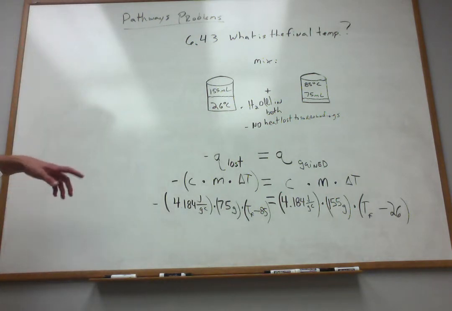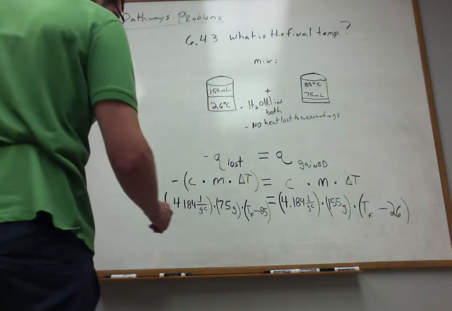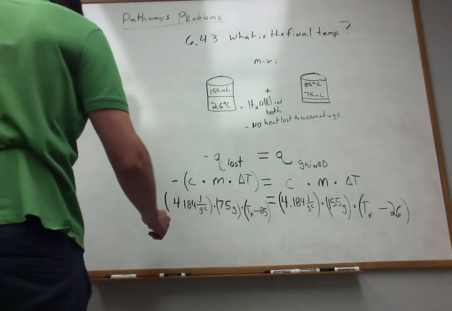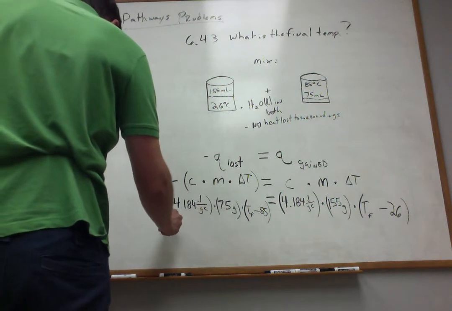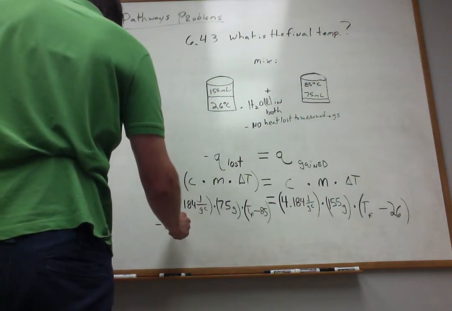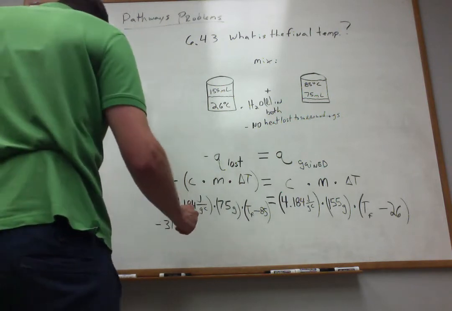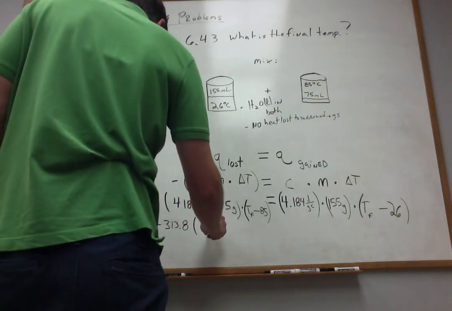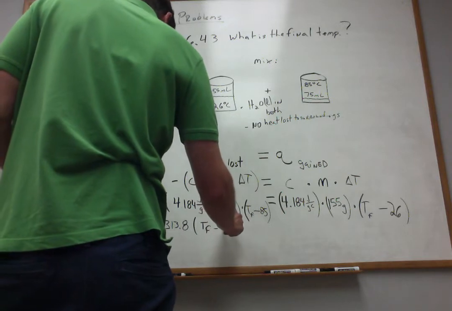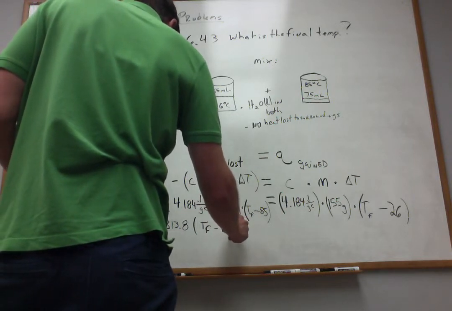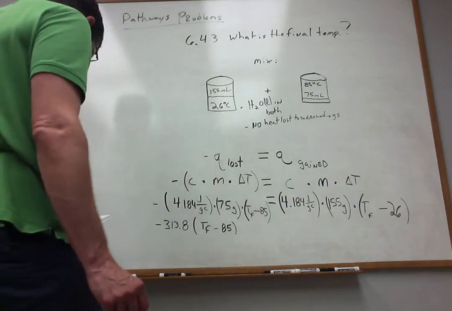We can write one equation with only one unknown, this T sub F, and then we can go about solving it. Okay? So the first thing I'm going to do is multiply these numbers together to make some quantitative progress here. If I do that, I get negative 313.8, and then keep my T sub F minus 85, my initial, okay?